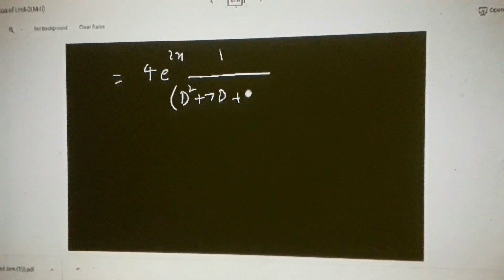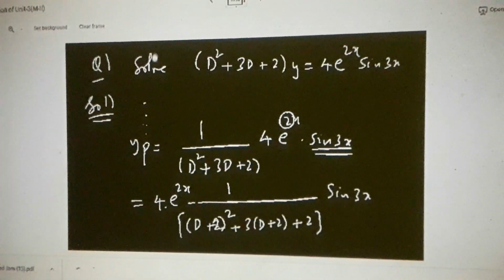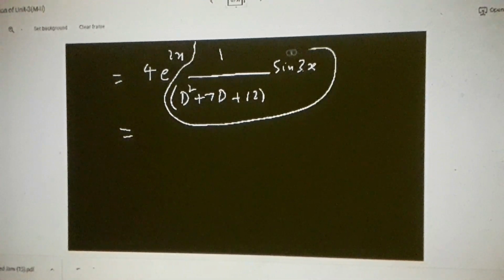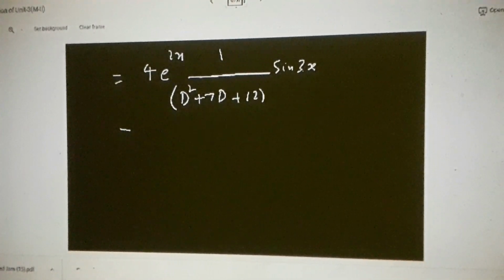So plus 12 of sine 3x. Now I would like to make the point clear that this much of the part is nothing but 1 by f of d, some function. So it has to be dealt with like the previous cases.